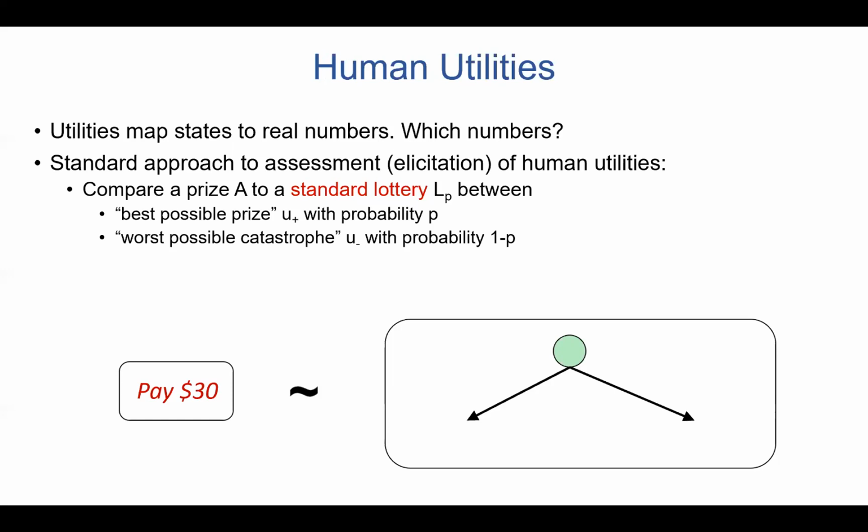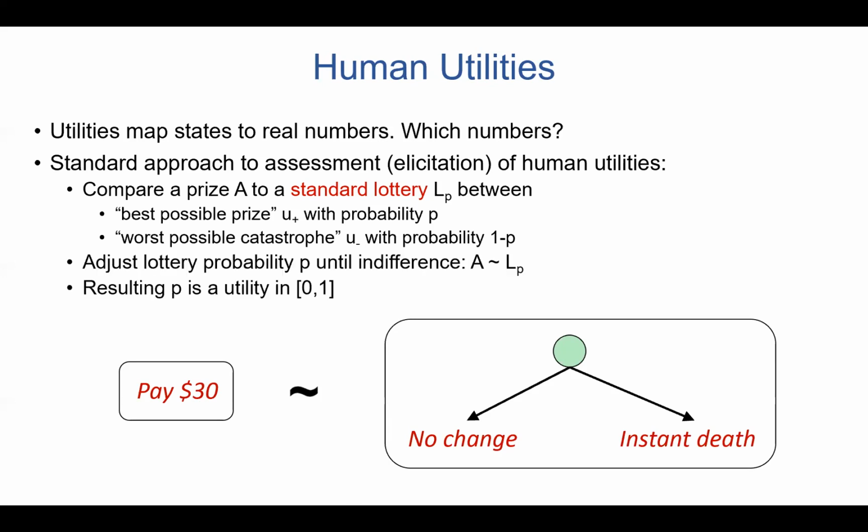In terms of human probabilities, would you like no change or instant death? Obviously no change, right? So you will have to assign a probability. There might still be a millionth or billionth chance that instant death happens, but you will have to assign these probabilities based on the rationality axioms that we will follow in several of our upcoming lectures, okay?